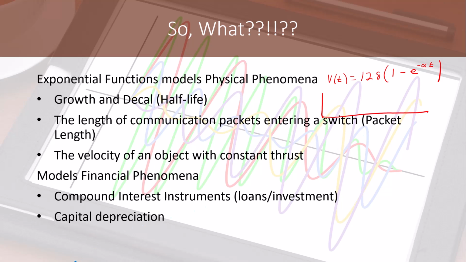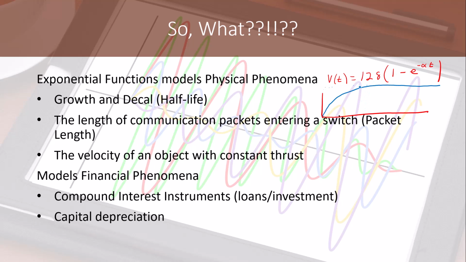Here's my graph, a poor representation of it. Well, when t is 0, you have 1 minus 1, and you have 0. Then your velocity will increase, and eventually it will level off at 128 miles an hour, which, by the way, is what we would call the terminal velocity.